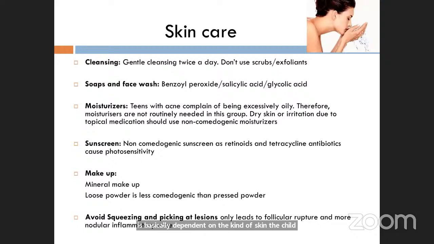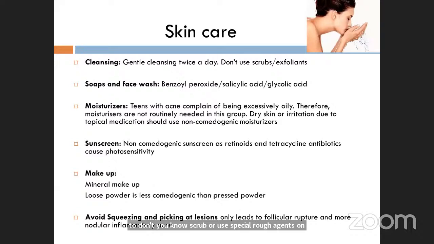If the child has very oily skin, it is advised to wash the skin 2 to 3 times a day and avoid using any kind of scrubs or exfoliants or loofahs, because if you have inflammation on the skin and you are rubbing and causing a lot of friction, it can increase the inflammation. So tell your patients not to scrub or use rough agents on their skin.